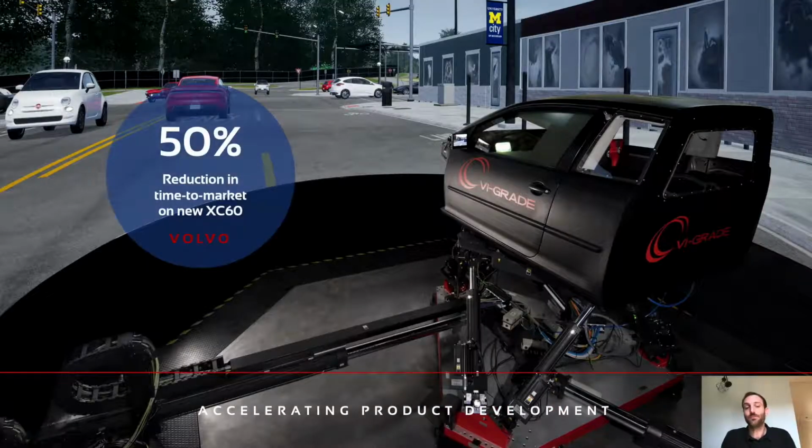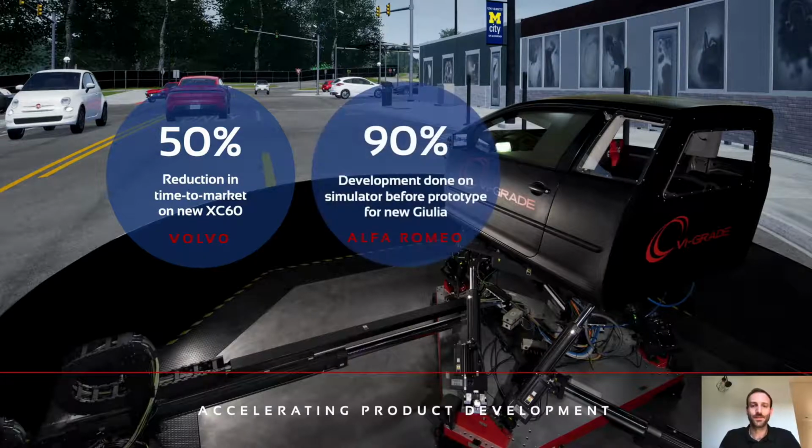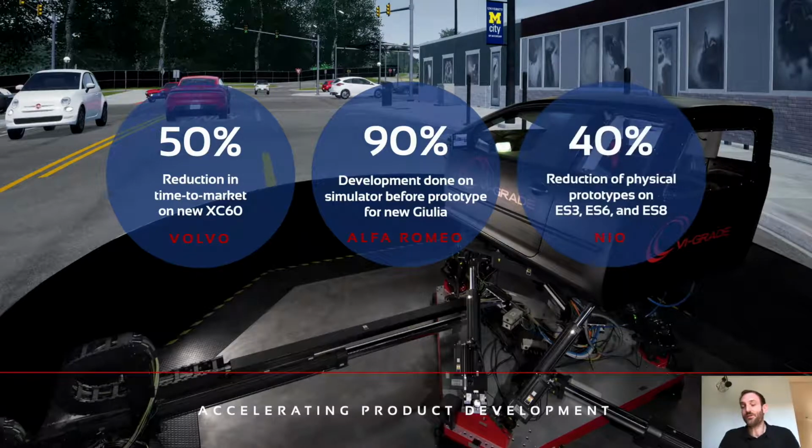So there are very measurable benefits with this approach from our different customers, like Volvo, who said they have reduced by 50% the time to market of the new XC60 SUV, developed mainly in the driving simulator. 90% of the development is done on the simulator before the first prototype of the new Alfa Romeo Giulia was done on the road for Alfa Romeo. And finally, at NIO, they estimate that they had a 40% reduction of physical prototypes on their new upcoming models.